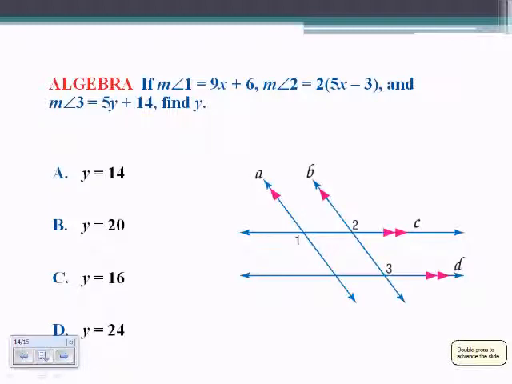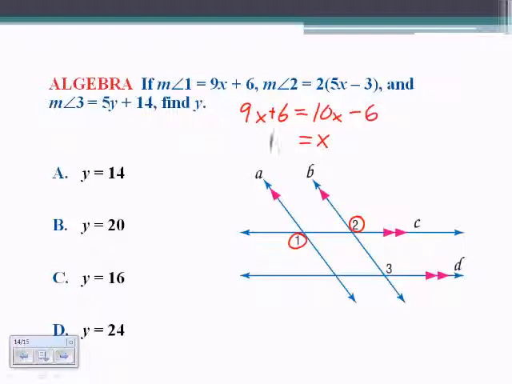Alright, finishing the second part of this, we need to find the value of y. We found x the variable in the previous example. Going through again, we found that the measure of angle 1 and the measure of angle 2 are congruent to each other. So 9x plus 6 was equal to 10x minus 6, and we solved for x is equal to 12.